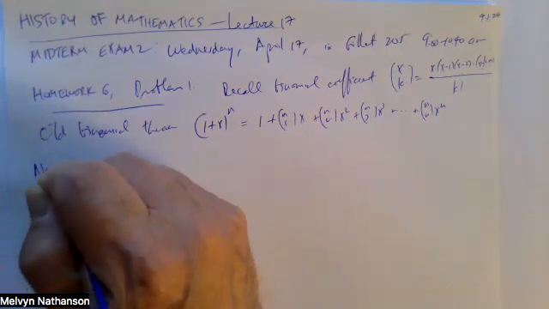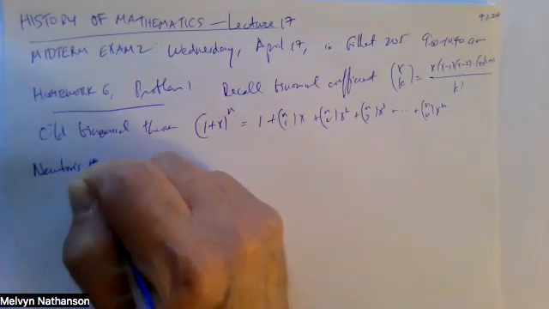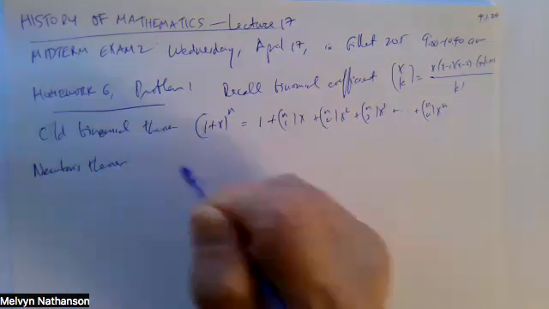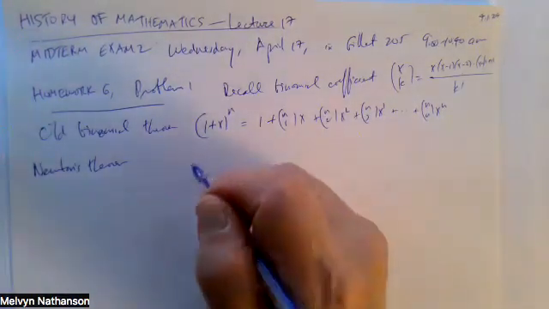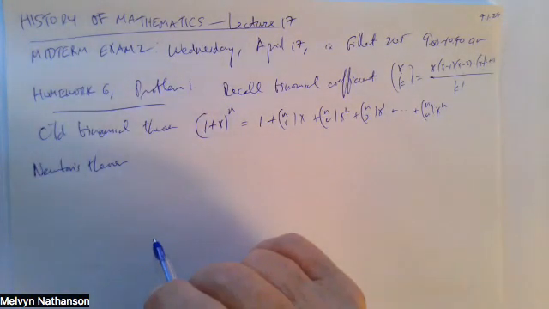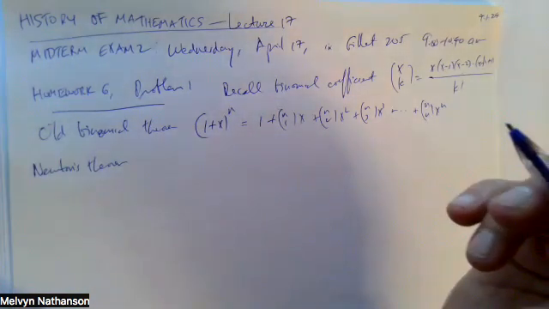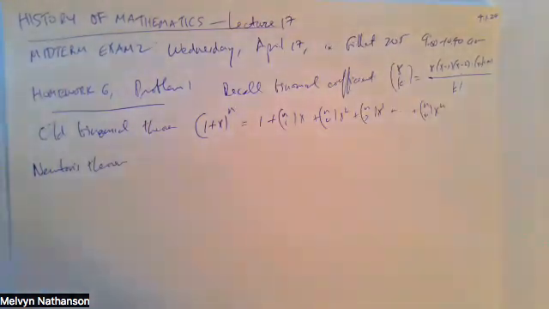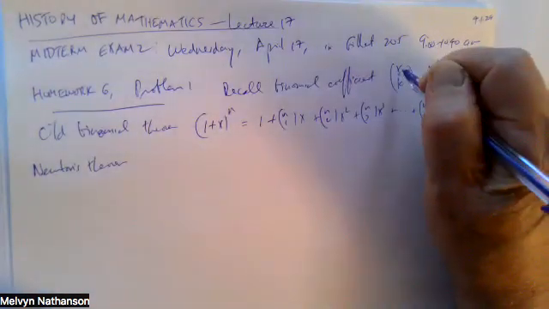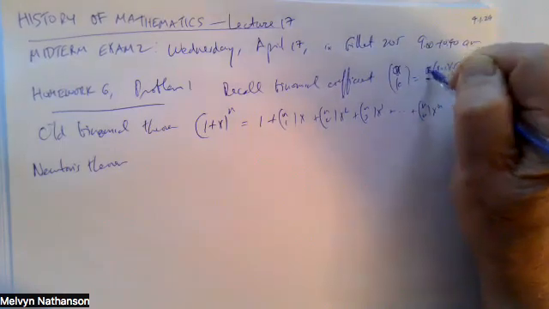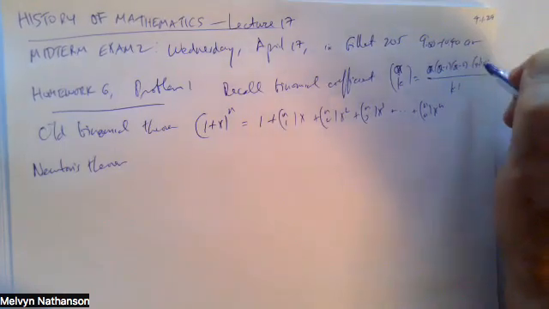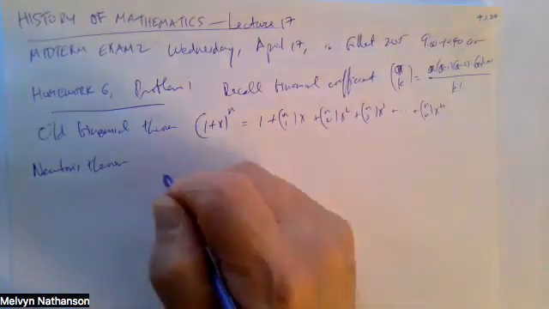And Newton's binomial theorem says exactly the same thing, but let me just change the exponent. Maybe x was a bad choice of the letter here. Maybe I should have called this a choose k, a times a minus 1, a minus 2, down to a minus k plus 1.